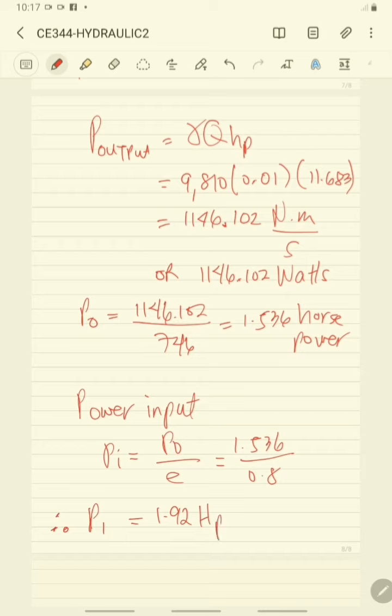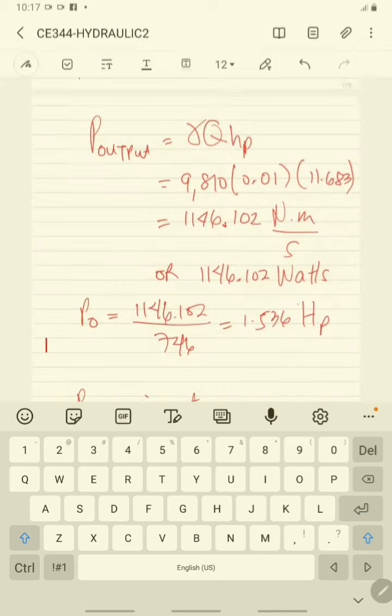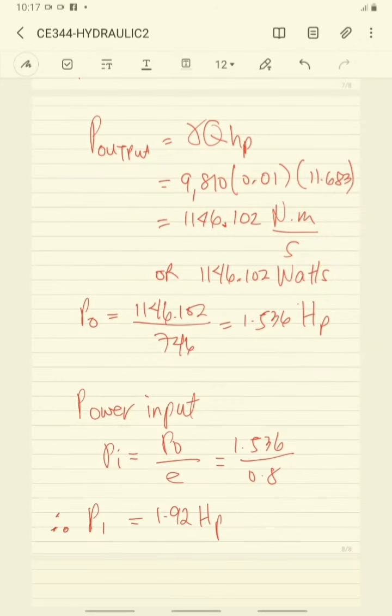So that is horsepower. So this is your answer for number 1.